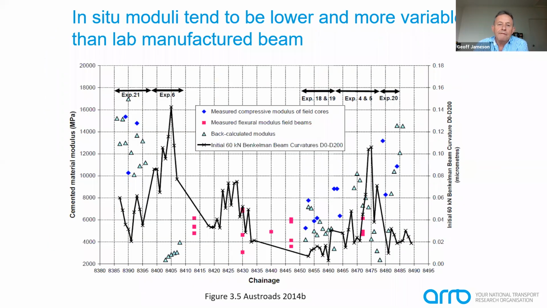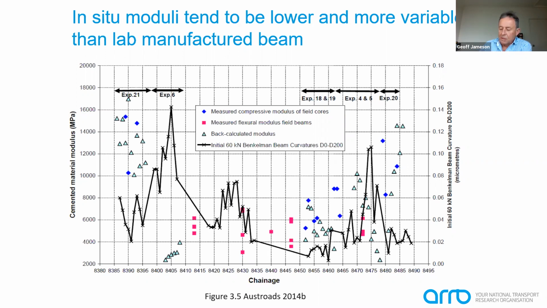And that's been reinforced by other data we have, shown here, which is one of our test pavements, a 100-metre long section, where we've back calculated the modulus of the cemented material at various chainages, and we've also taken beams for testing, and you can see the high variability in the modulus values along this project.